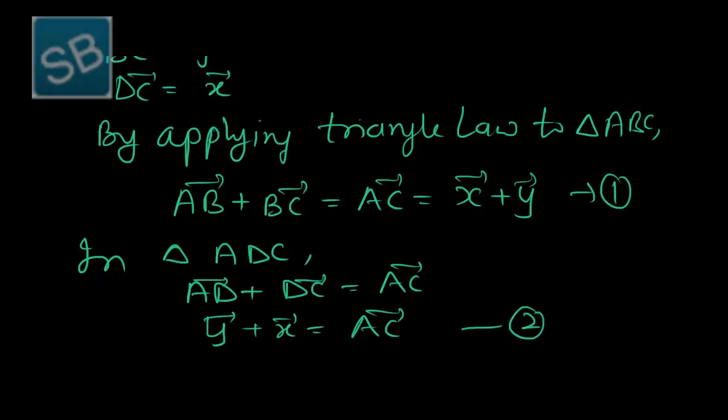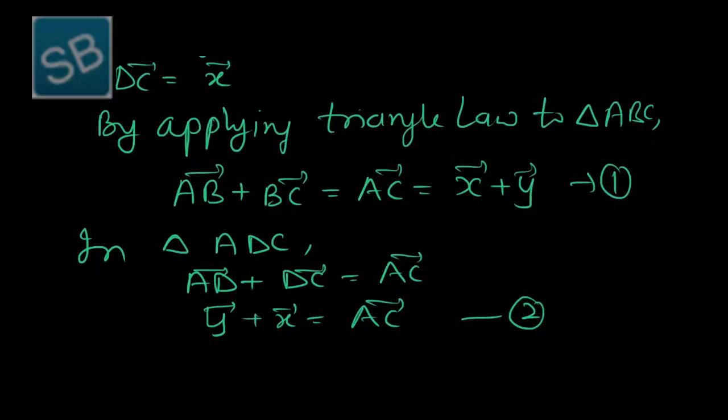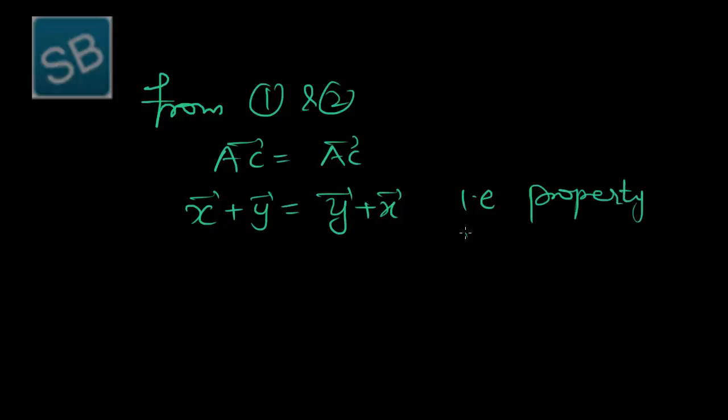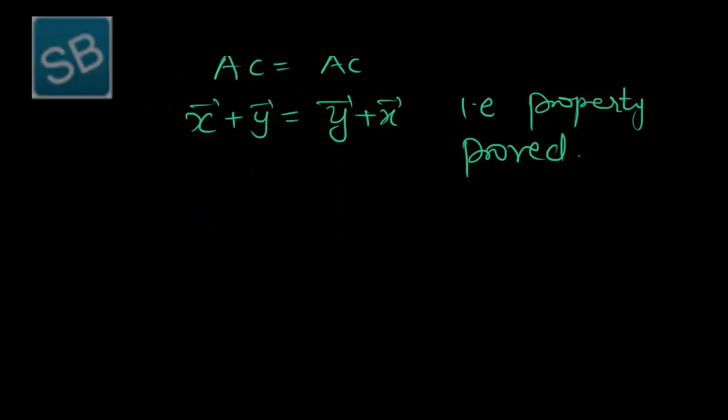So from 1 and 2, AC is equal to AC, which is equal to x plus y, which is equal to y plus x. That is property proved. That is commutative law is proved by geometrical interpretation.